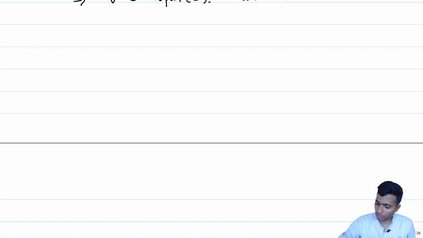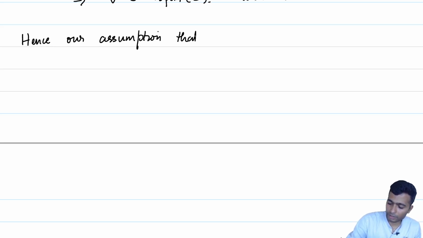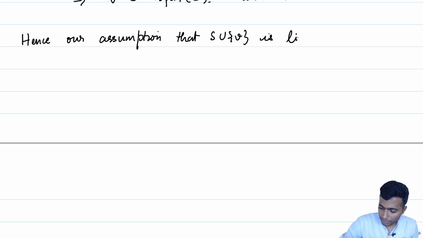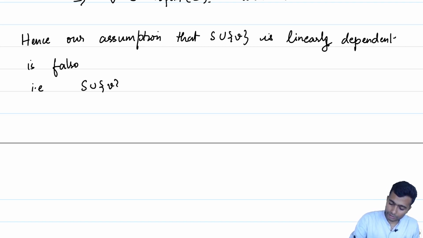Therefore, hence our assumption that S union V is linearly dependent or not linearly independent is false, because if we assume this, we are arriving at a contradiction. So S union V is linearly independent.